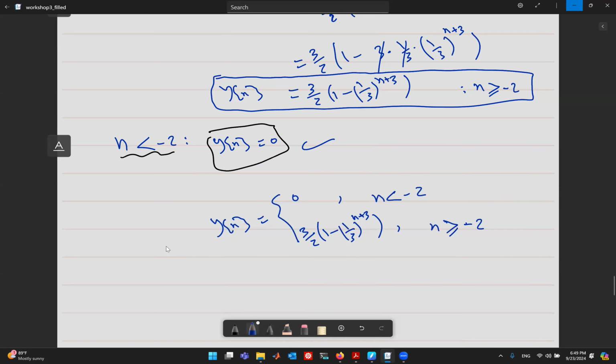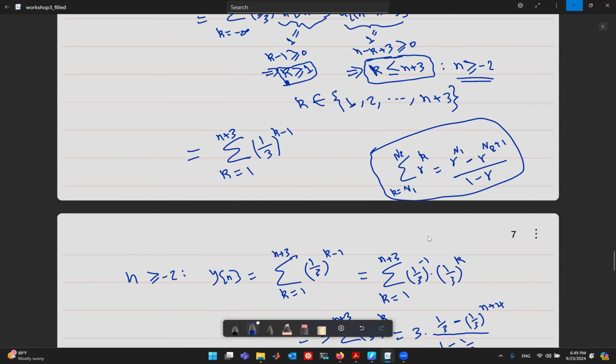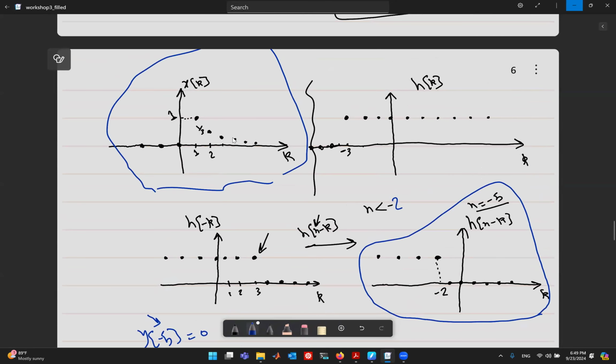Okay, you got it. This yn has 0 values before minus 2, and then this function after n equals or greater than minus 2. And you can actually verify this by doing similar steps using the graphical method.